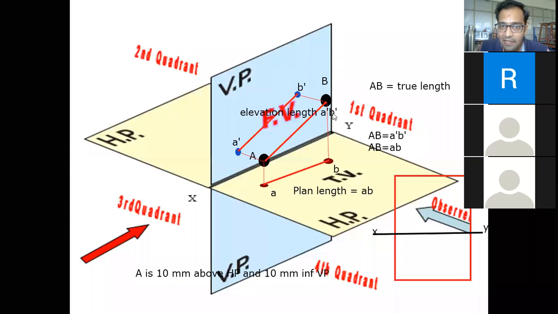I'll be dropping a line which is 10 mm from the reference, and the above HP formation for point A is going to be drafted over here. I hope you are able to see the thin line. Let me drop a thick line so that you can understand it clearly. So this is the line which represents the position of A dash.